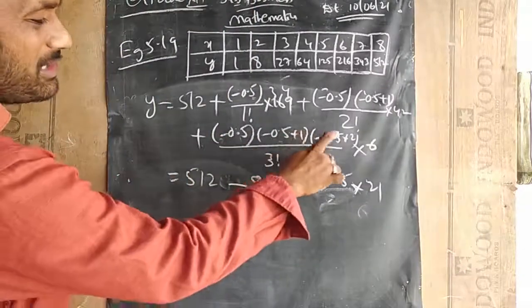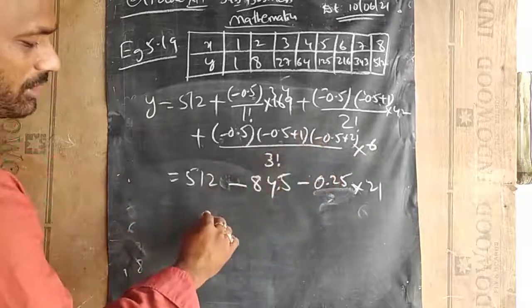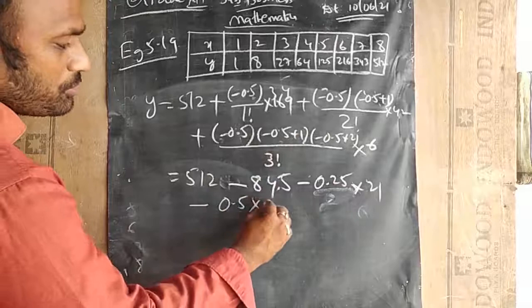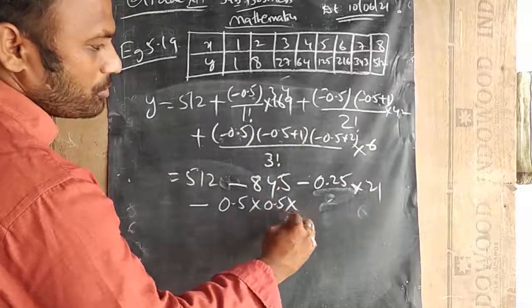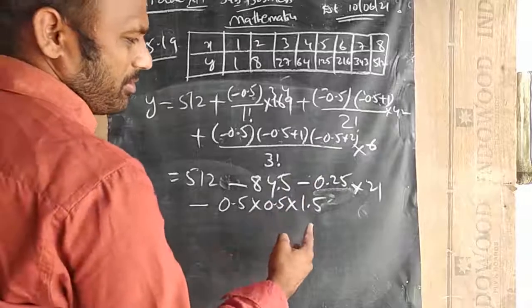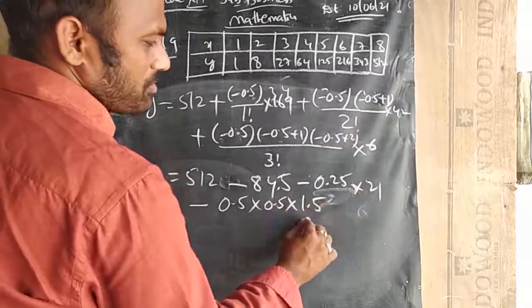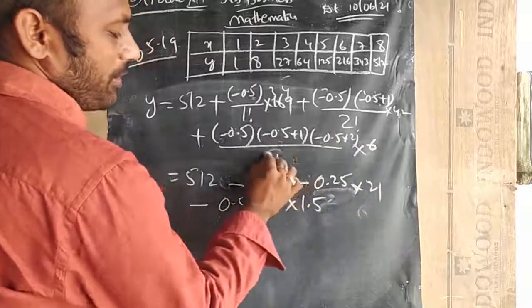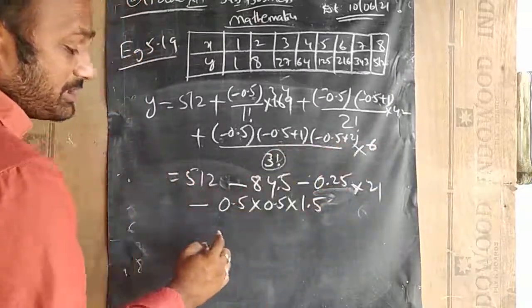Here plus, here plus, so totally it will be minus only, minus 0.5 into 0.5 into 1.5. So 2 minus 0.5 is 1.5 divided by 3 factorial is 6, and 6 to 6 gets cancelled.